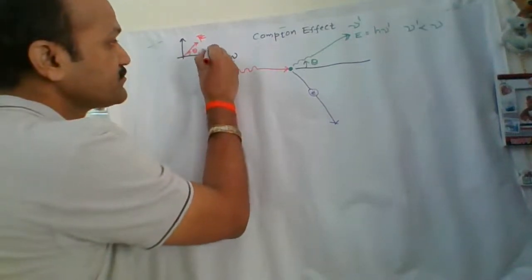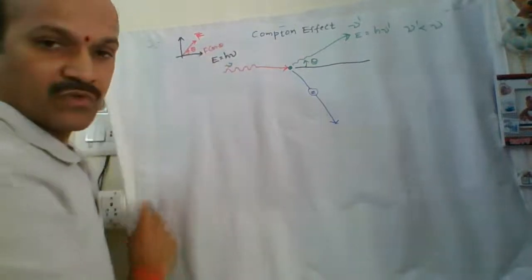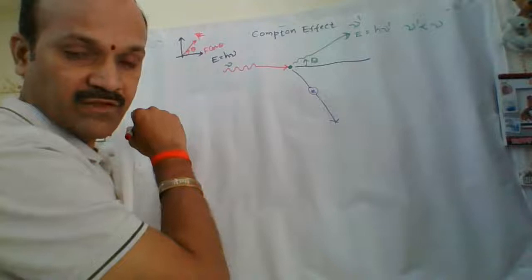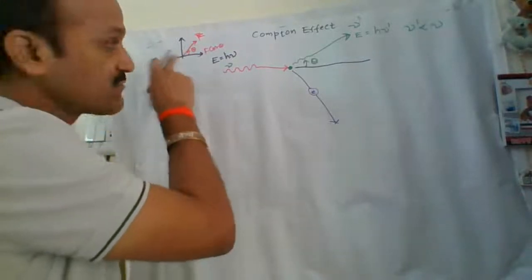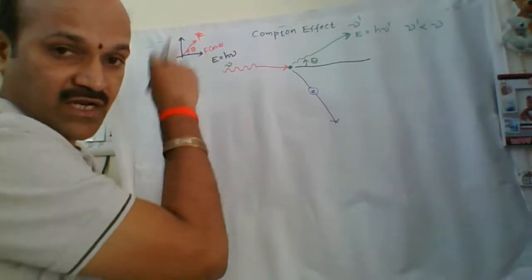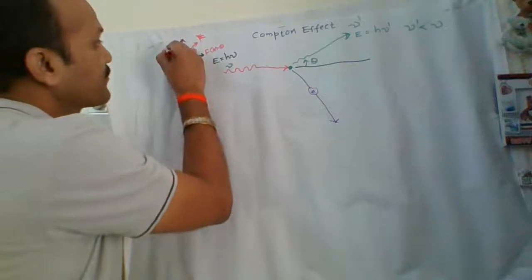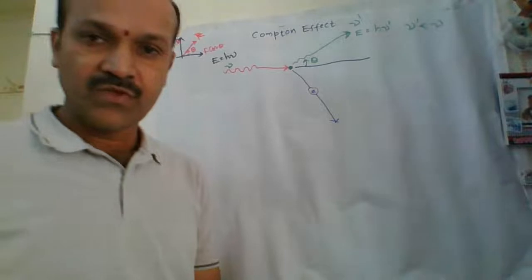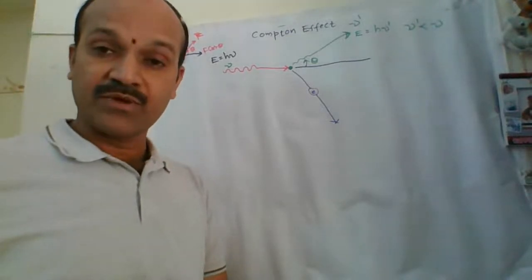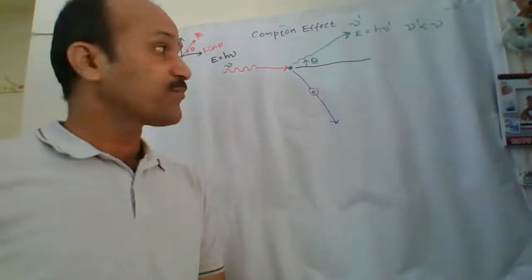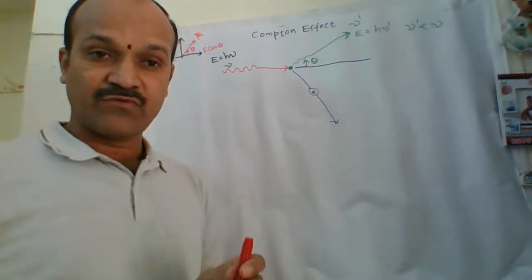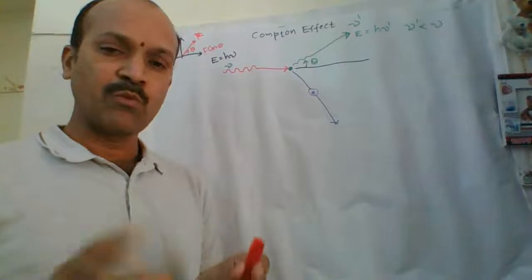The horizontal component is F cos theta. The other, vertical axis, which makes 90 degrees with the horizontal axis, gets F sin theta. That is how it is resolved into components. So first we will apply the law of conservation of momentum.